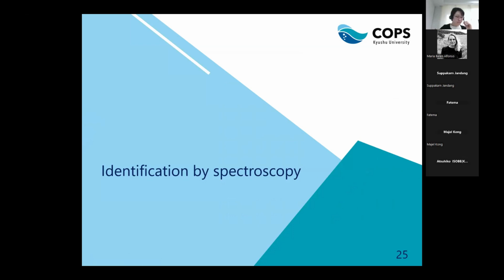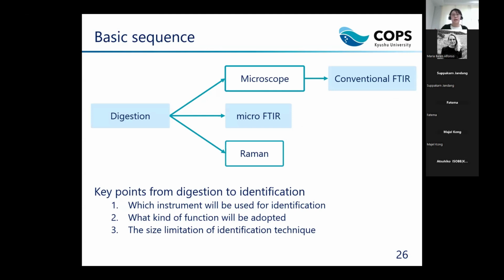All right. From now, in this section, I explain how to identify the plastic type by spectroscopy, especially FTIR, because we don't have much time to explain every single method. This is a basic sequence from the digestion to the identification.